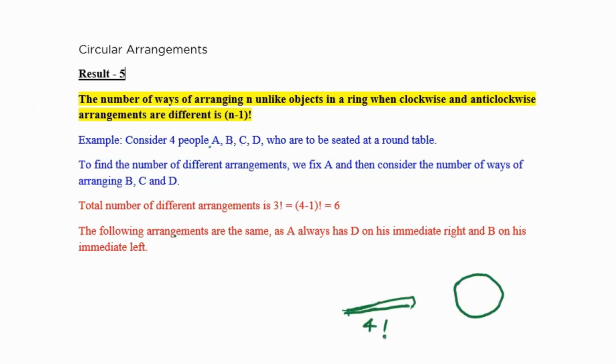Imagine you go and sit. So there are 4 different seats that you can take. If you sit here, you have one option here, one option here, one option here, one option here. So does that mean you have 4 different options to sit there? Think of it for a second. Well, it does not mean you have 4 different ways to sit, because we have to have distinct arrangements.